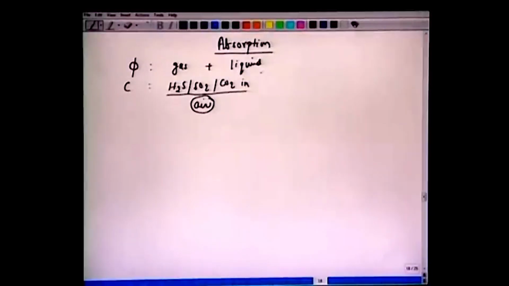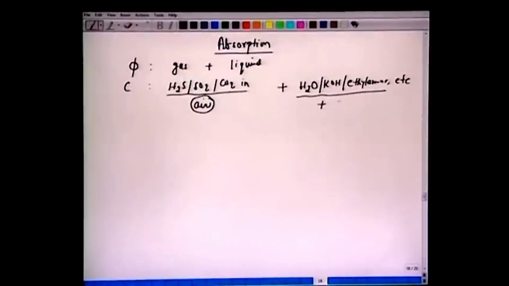It is brought in contact with the liquid. So, we have some solvent, H2O, or say KOH, or say some ethylamine, etc. When sulfur dioxide is absorbed, it diffuses from the air or gas phase to this liquid phase. So, this is absorption.